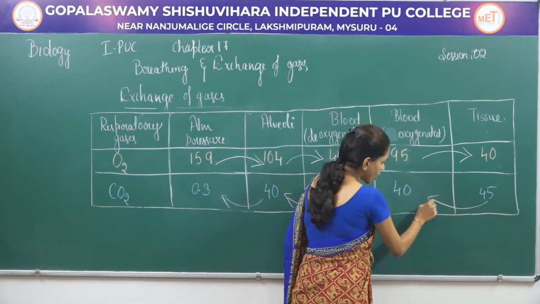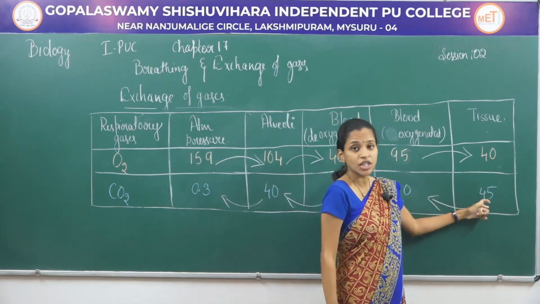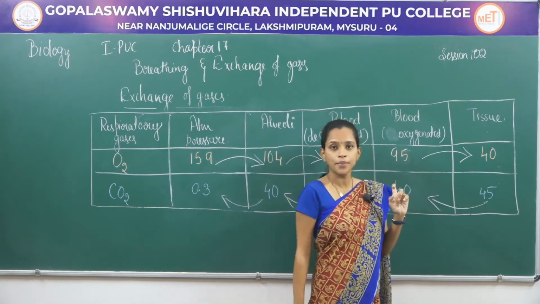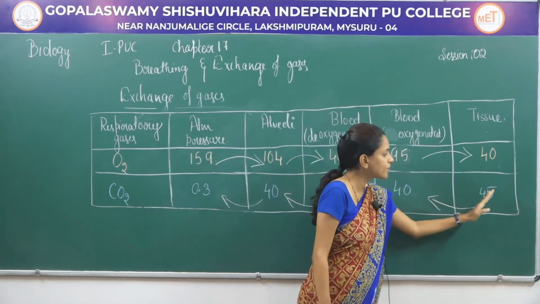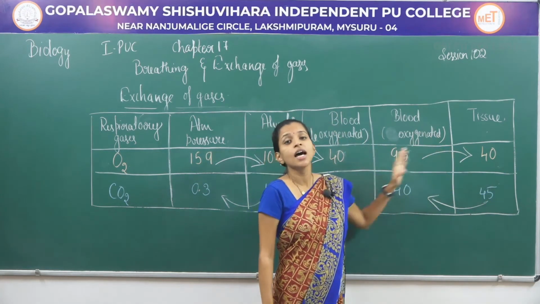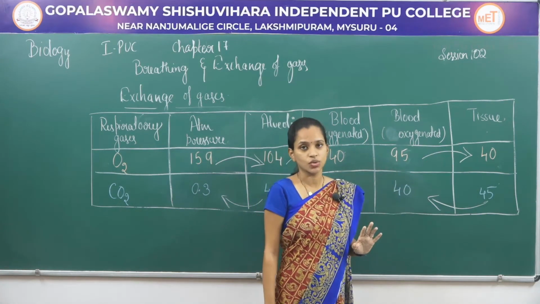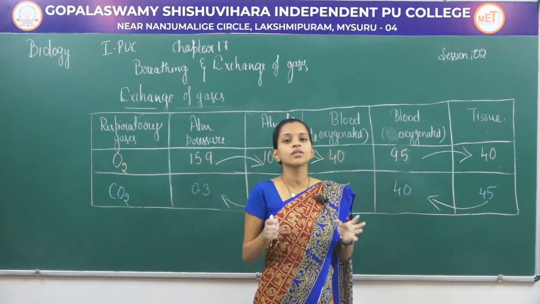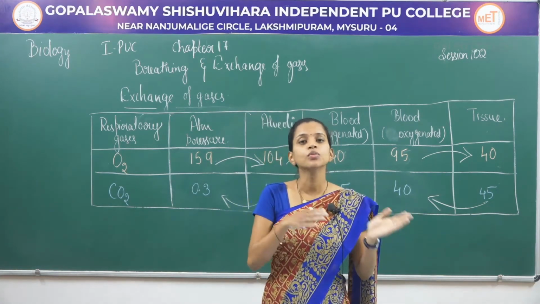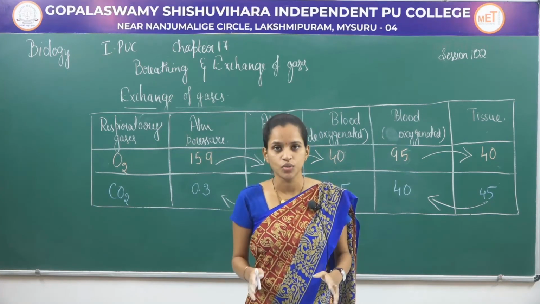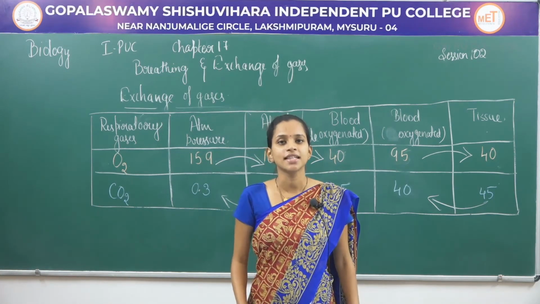That is why tissue carbon dioxide moves into the blood. So that is how there will be exchange of gases between the atmosphere and the tissues. So whenever the concentration is more, it moves to an area of lower concentration, which is termed diffusion. So this is how there will be exchange of gases.